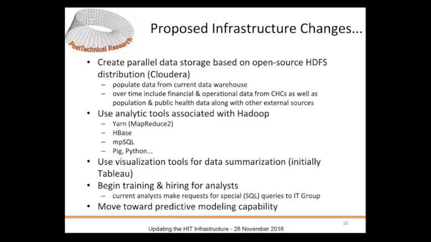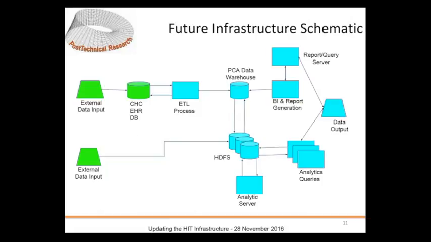I still think Tableau is a good tool, although I've been using other tools recently. And the association did license Tableau, although initially the only people licensed to use it were 2 people in the IT group. And then to begin training and hiring for analysts, and to move toward predictive modeling capability. These were just the proposed infrastructure changes.